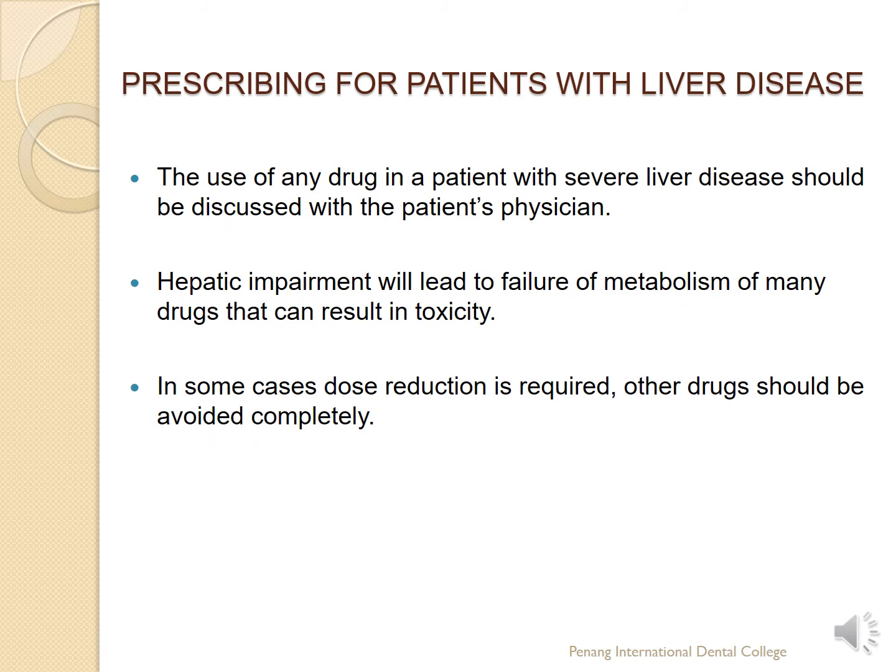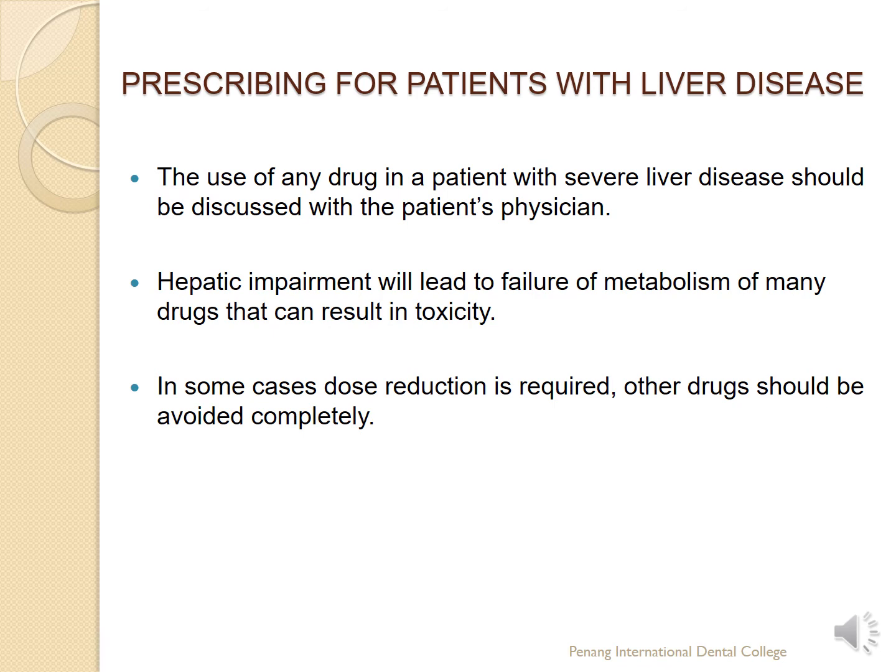Other than the bleeding tendency, we should be careful in prescribing drugs for liver disease. The use of any drug in a patient with severe liver disease should be discussed with the patient's physician. Of course, this goes by the rule for any patient with an existing systemic disorder: you have to consult the physician before starting treatment.